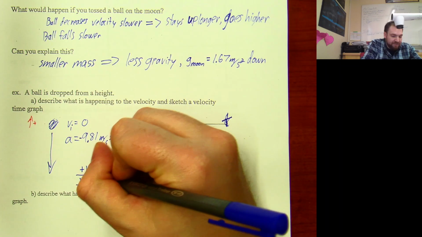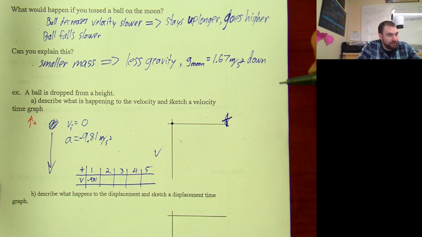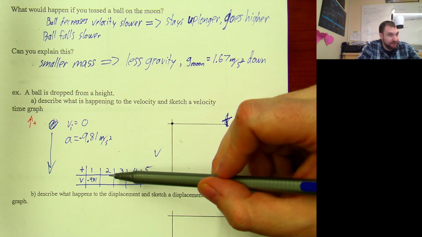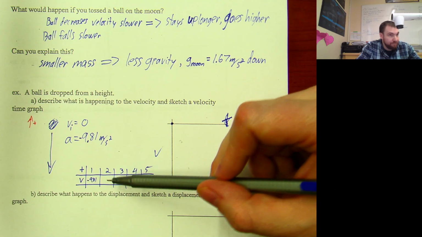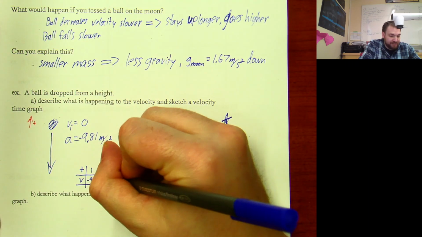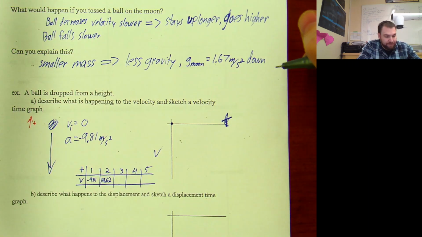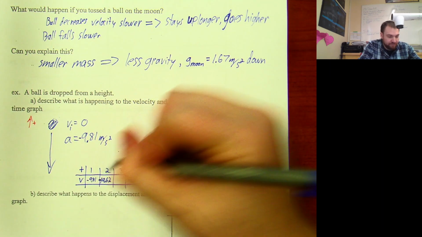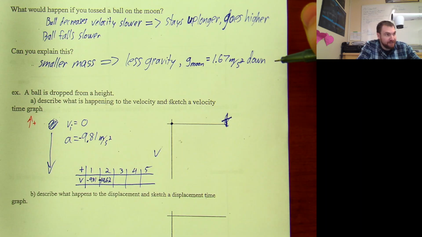Yeah, it's going to be going negative 9.81 meters per second. After 2 seconds, how fast is this thing going to be going? 19.62. Negative, yeah. After 3 seconds, how fast is that object going to be traveling?